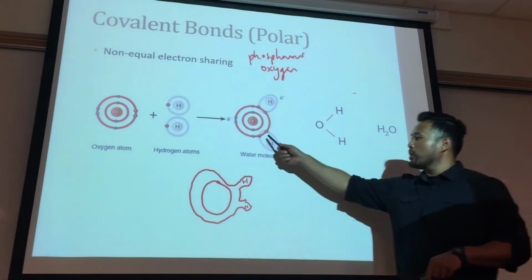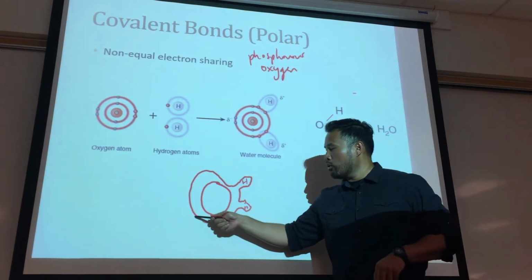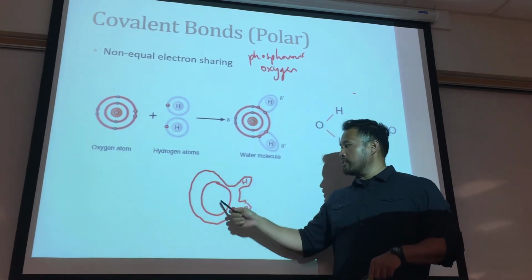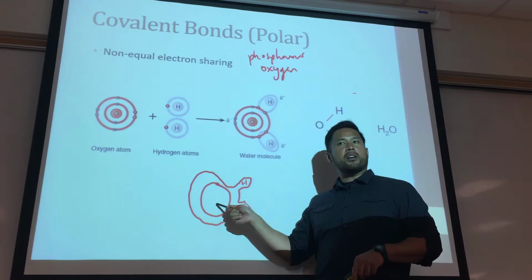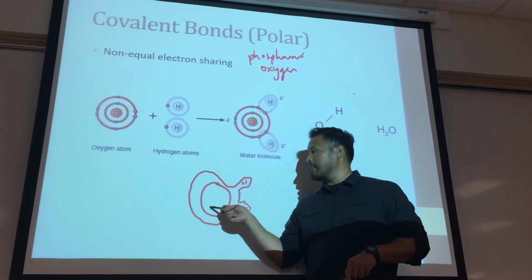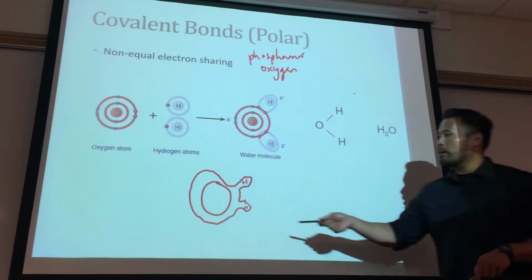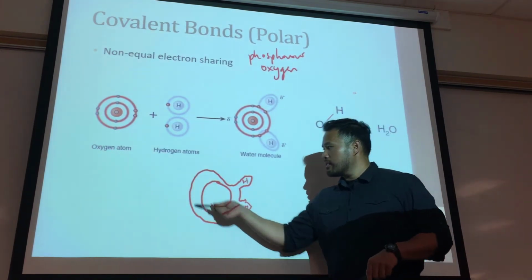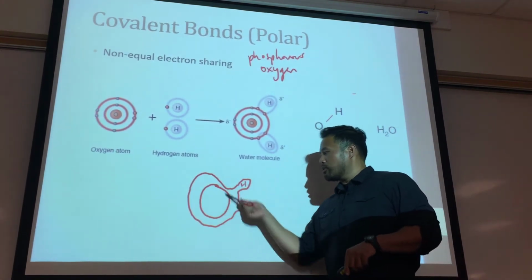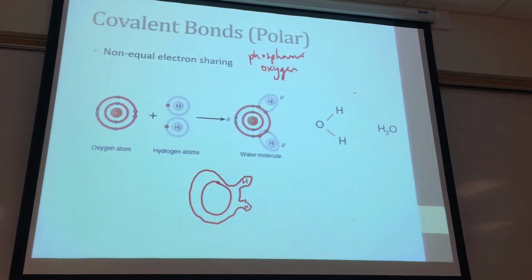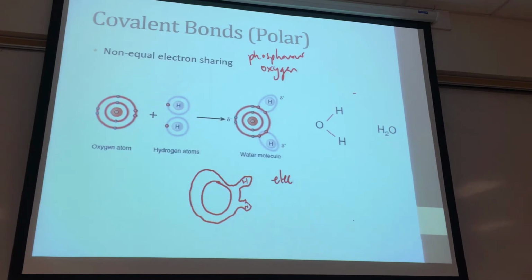So if I have two electrons and they spend more time around the oxygen atom, that has a tendency to make the oxygen a little bit more electrically negative. So if you spend more time around one side, it's going to make that electron spend more time around here and become more of a negative charge. And that term we call electronegativity.